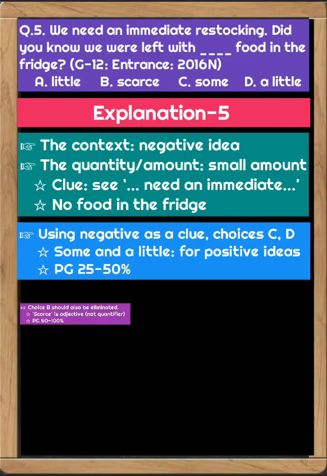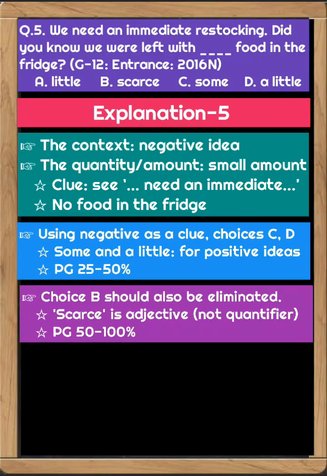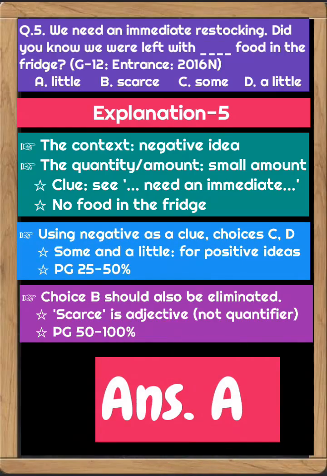Again, choice B also must be eliminated because scarce is an adjective, not a quantifier. It is used to show not only a lack of availability but also difficulty in getting something. As a result, 100% sure, if choices C, D, and B are wrong and eliminated, no doubt choice A is the correct answer.